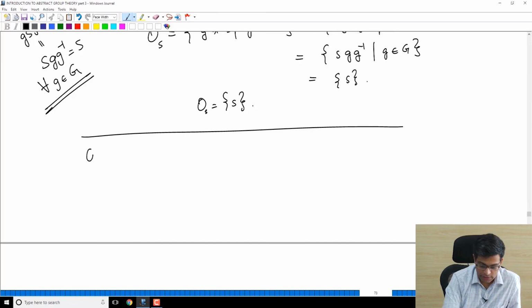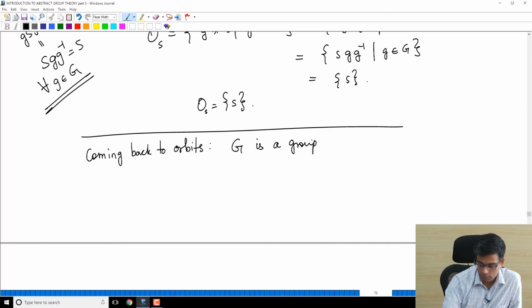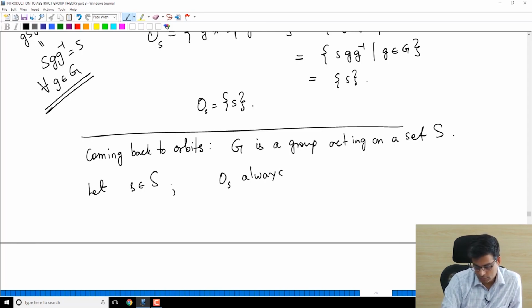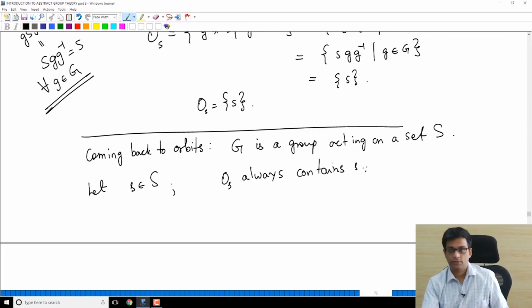So now, coming back to orbits. Hopefully it is clear from these examples. If G is an arbitrary group acting on a set S, and you take a small s in capital S, the orbit of small s always contains small s.